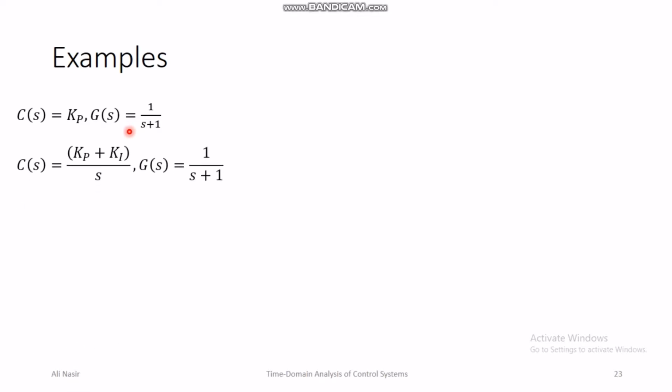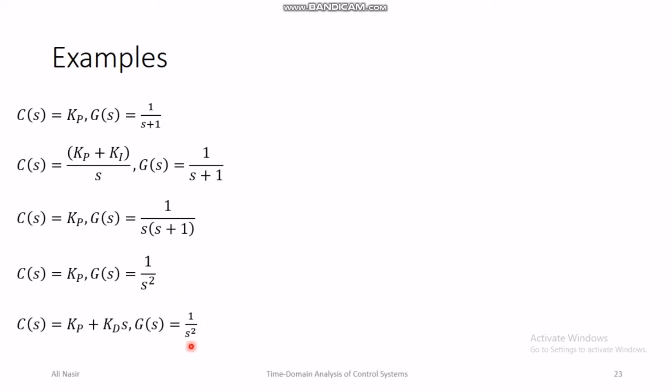Similarly, in this system there is 1 over s, so the type is 1. In this system again 1 over s, the type is 1. In this case there is 1 over s square, so the type of this system is 2. And in this case again 1 over s square, the type is 2.